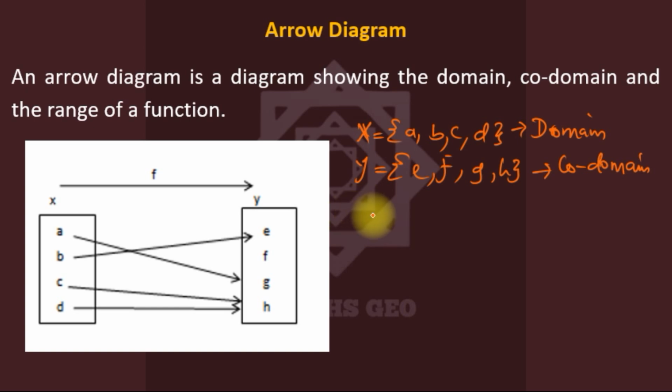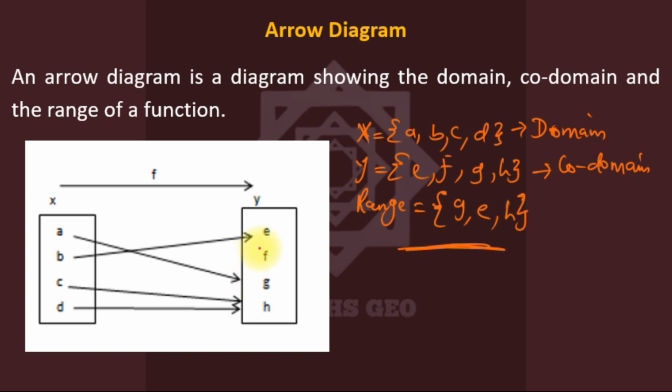Again, there's what we call the range. Let me now write the range. Range is the set of elements that the elements in X are assigned to. Check: A is assigned to G, so let's write it. B is assigned to E. C is assigned to H. And also D is assigned to H. So this is now the range.